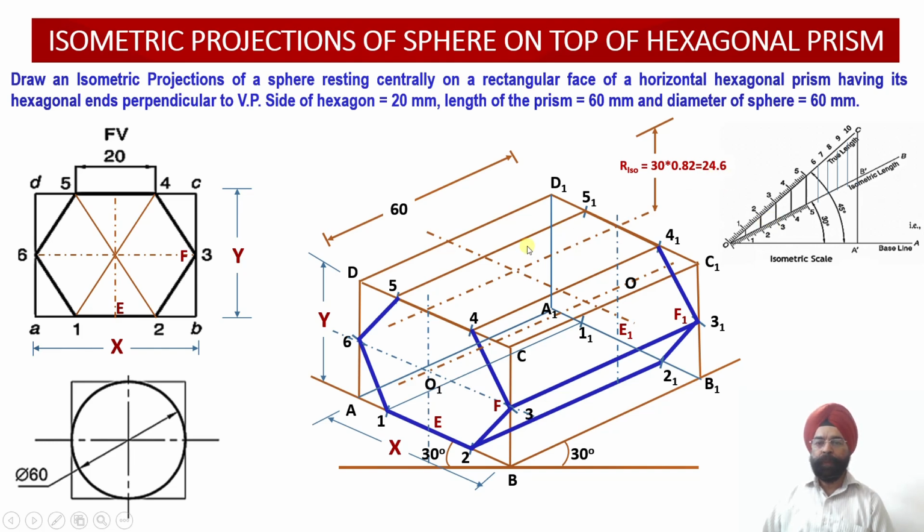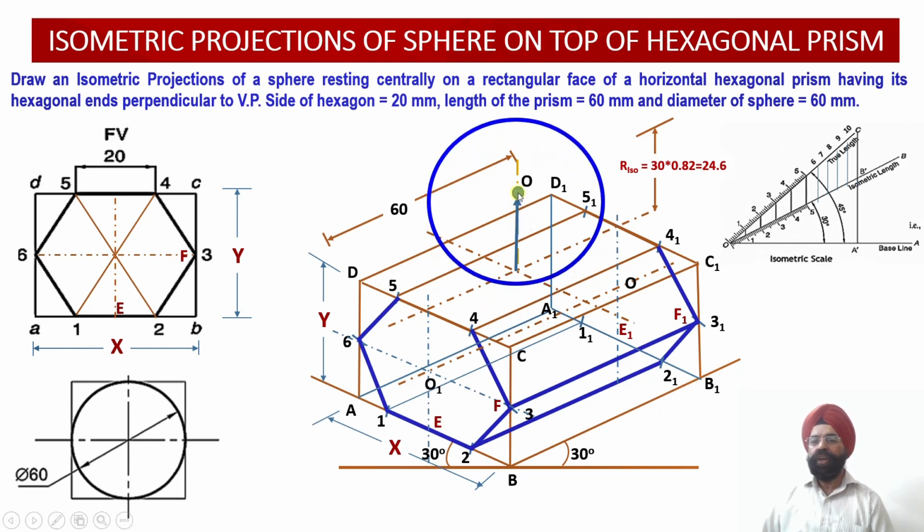So what we have to do, from the center point, please check, from the center point we will be drawing the axis, and on this axis of the sphere I am going to mark the distance equal to the R isometric, that is 24.6 millimeter. So please check, along this axis line I have marked this radius which is equal to 24.6 millimeter, and here I get the center point.